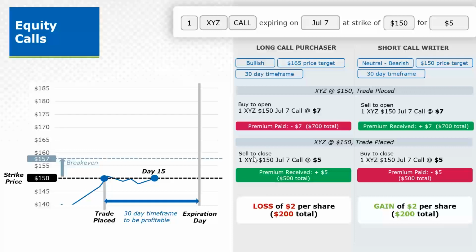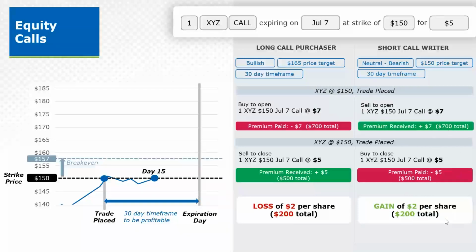At 15 days to expiration, both investors decide to close their positions. The long call purchaser closes it for $5, reflecting a $500 credit, but a $2 loss per share, or $200 in total, because he paid $7 per share for it. And as for the option writer, he received $7 initially.